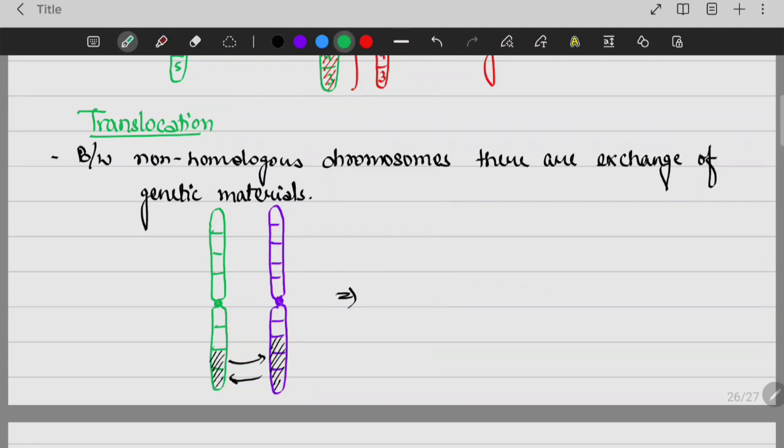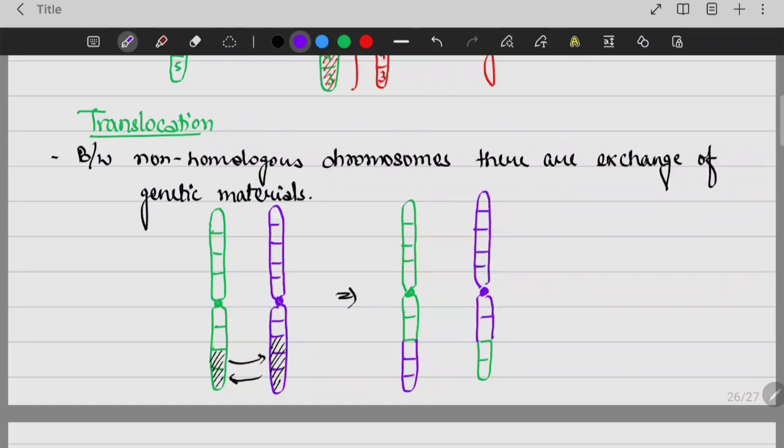Finally, the formation will be something like this. So this is the formation of the two types of new chromosomes. Okay, so this is the translocation.